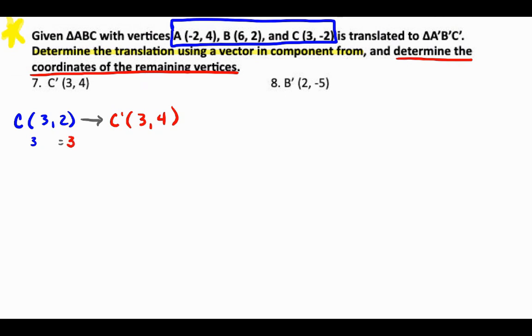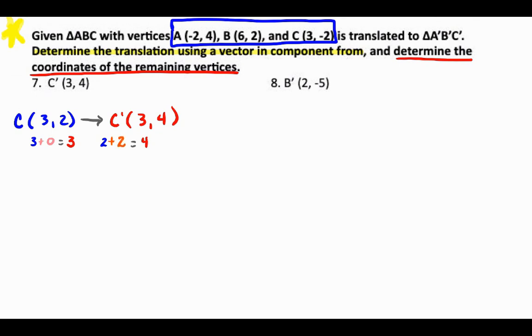So when we look at this one, it's going to be 3 plus 0 to equal 3. And then we do the same thing for the y coordinates. How do I take my 2 and make it equal the 4? So if we look from 2 to 4, our number is getting larger, and it is getting larger by 2.